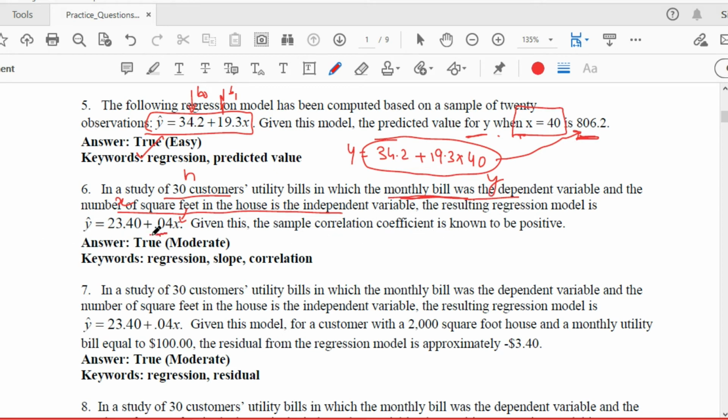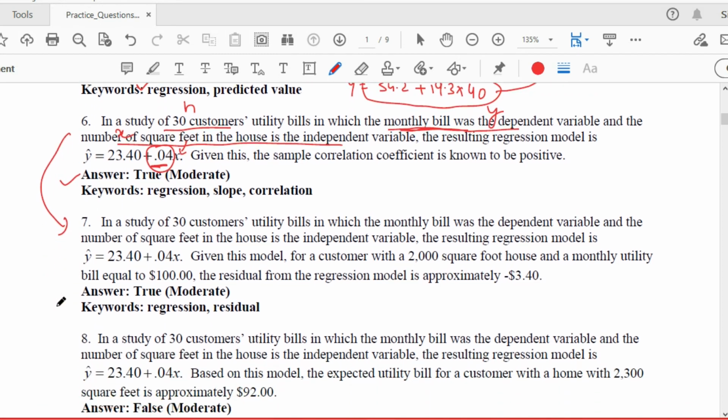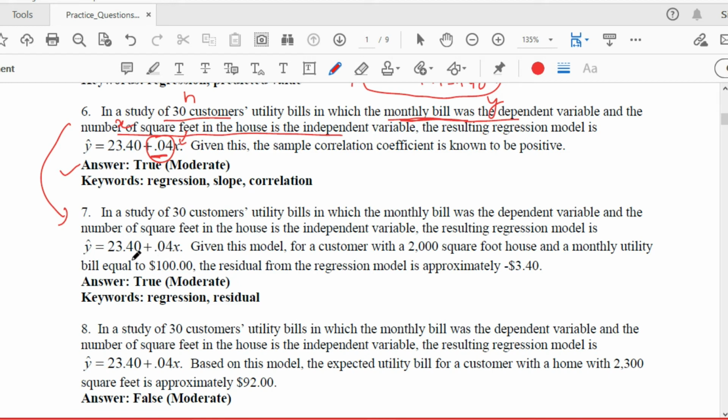Yes, how to check if there is a positive or negative correlation? Yes, this value. The slope, if it is up, say yes, positive or negative. And the same way, same question you see here, same regression line, 2000 square foot. Now they are asking the value for 2000, and monthly bill is 100.